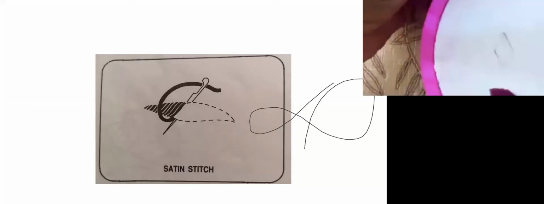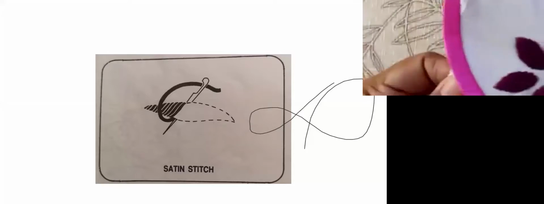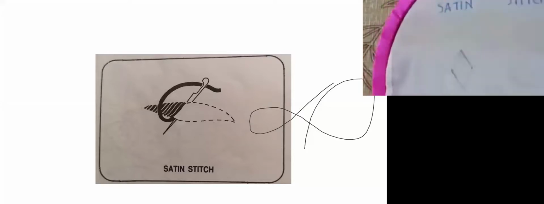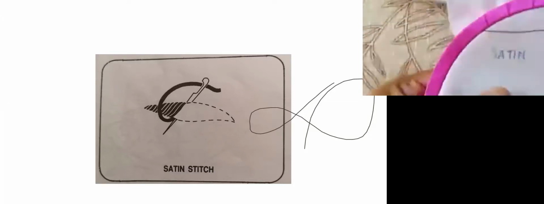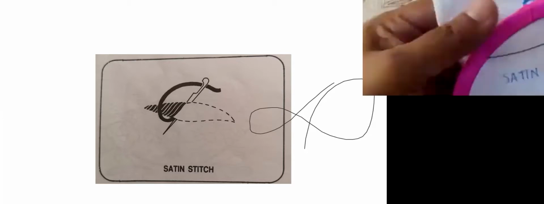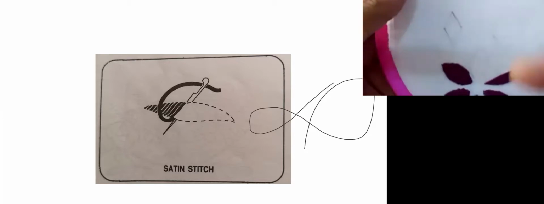Another thing is very important when you're fixing the ring, please see that the material is nice and stiff. It shouldn't be loose. So even if it is a little loose, you can just pull the fabric a little and see that it is nice and firm. Only then will the stitches remain properly, otherwise the stitches will start hanging.